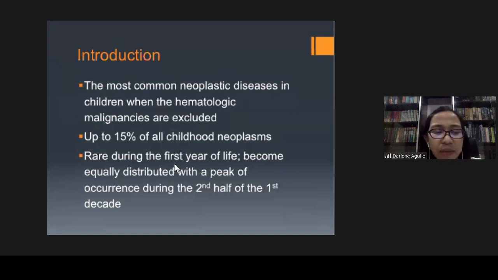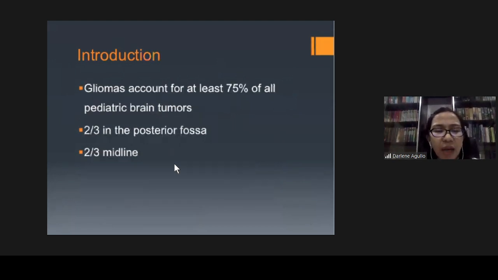Subsequently, they become equally distributed with a peak of occurrence during the second half of the first decade. So rare during the first year of life. Common adult tumors like meningiomas, pituitary adenomas, acoustic neuromas, and metastatic diseases are rare in children.